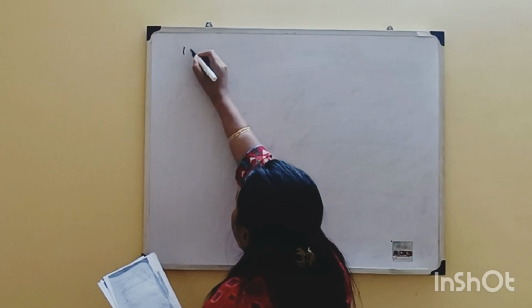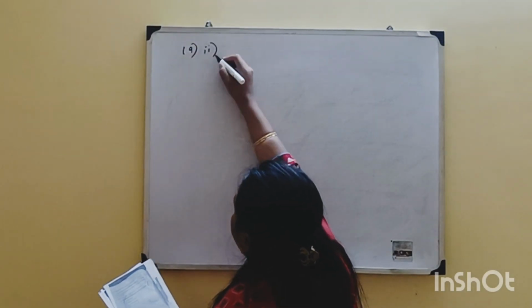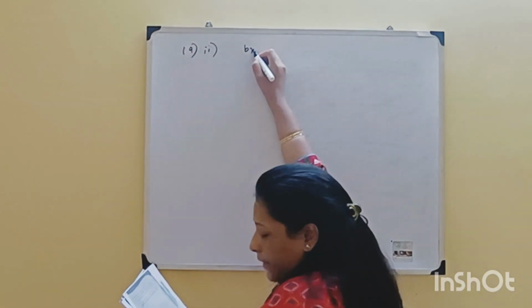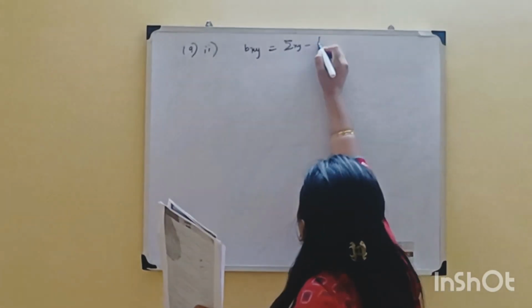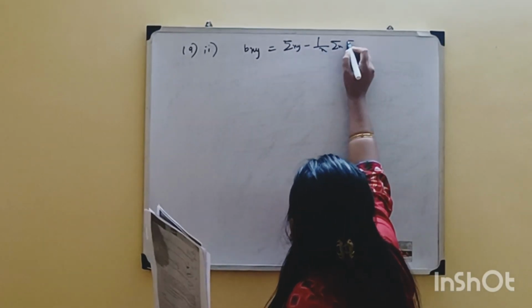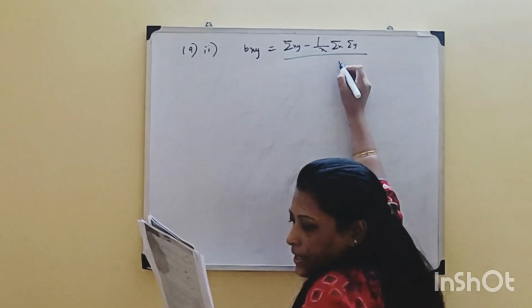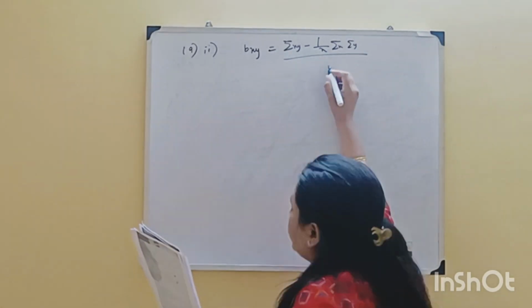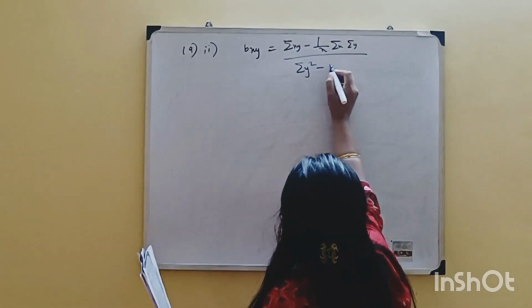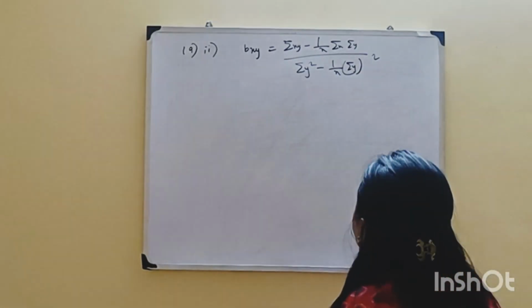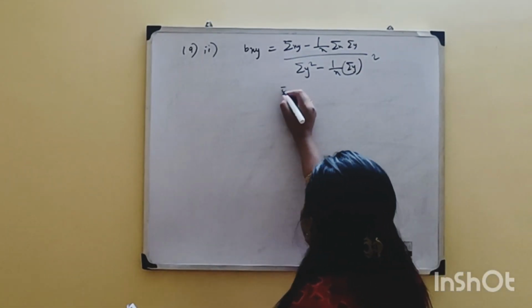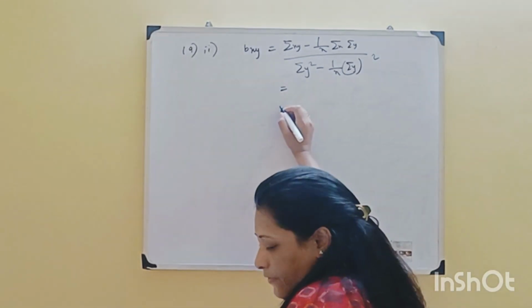We will continue question number 19. Bxy equals summation xy minus 1 by n summation x summation y, divided by summation y square minus 1 by n summation y whole square. Okay, this is the formula. So what will be the summation xy value?